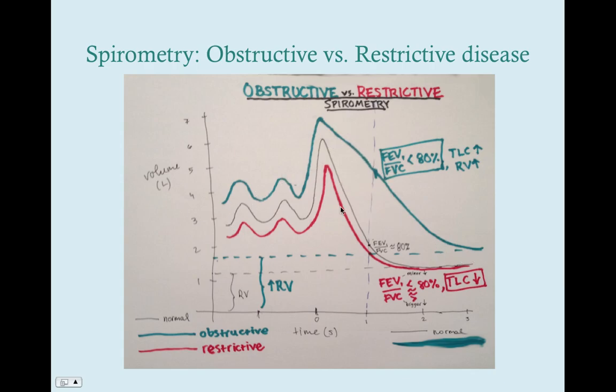Here's normal, and here is restrictive disease, where it looks like a normal spirometry, but the volumes are decreased. So total lung capacity is decreased. That's primarily what we're looking for.